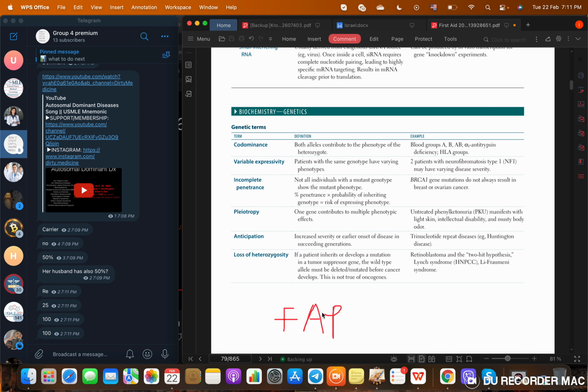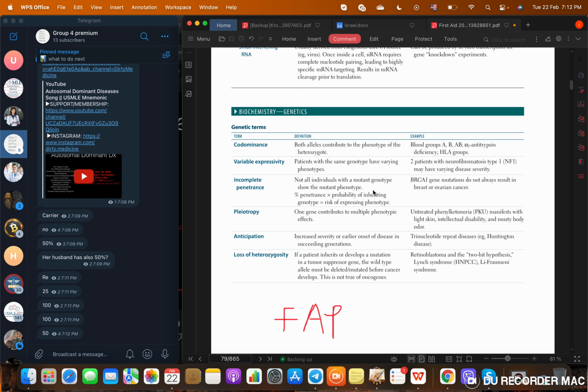So let's take a look at the next thing we have here. The penetrance of that disease is 100%. Let's say that the chance of inheriting that disease, if only one parent is affected, is 50%.